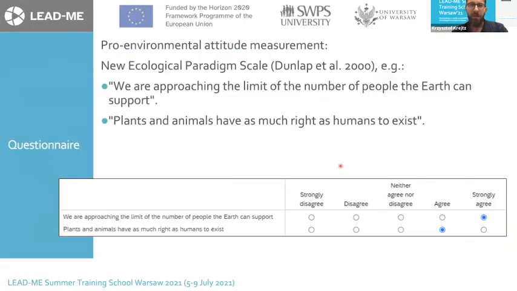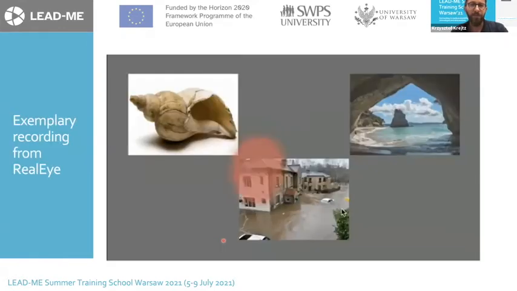And at the end, this New Ecological Paradigm scale is a scale of several statements to which you can strongly disagree or strongly agree. You see an example of two sentences, items of this scale, on this slide.